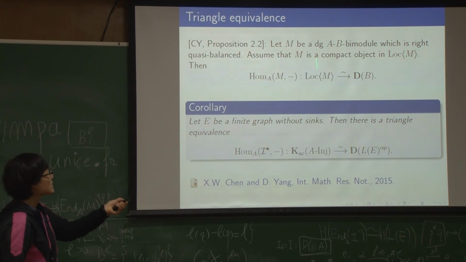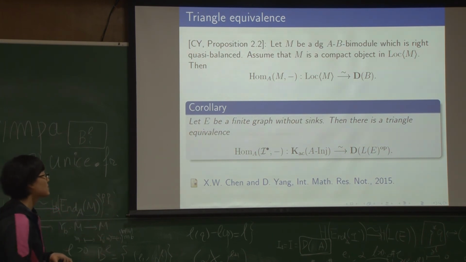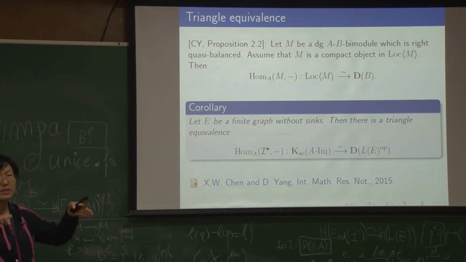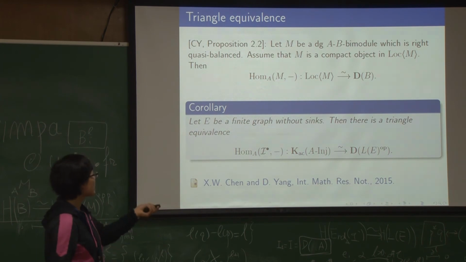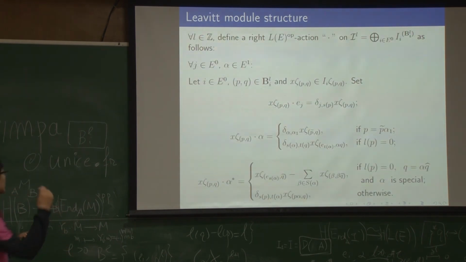Inspired by this result, we want to make this injective level complex a quasi-balanced bimodule, a DG balanced DG bimodule which is quasi-balanced. But now, we remember that this I is a complex of A-modules.